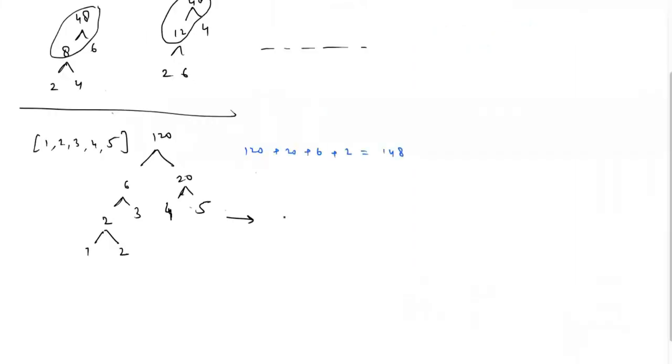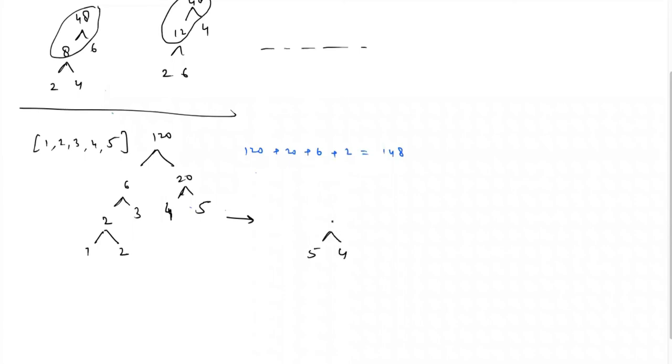And then 20 and 6, 120. So this can be one possibility. In this case, the sum of non-leaf nodes is equal to 120 plus 20 plus 6 plus 2, so 148.